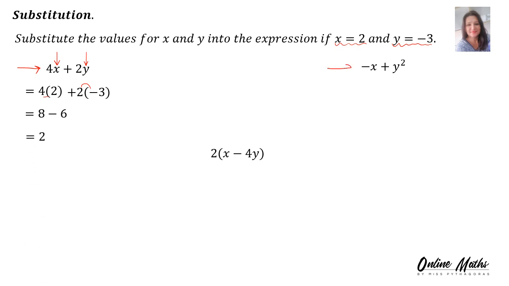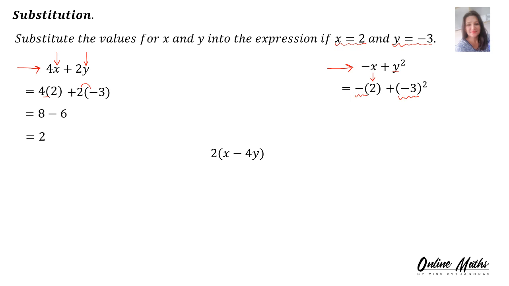Let's do this one. Minus x plus y squared. In x's place, we will substitute 2 inside a bracket. Can you see? You wait with the minus, in goes 2 inside a bracket. Plus, and then in y's place, we substitute -3 inside a bracket raised to the power of 2.